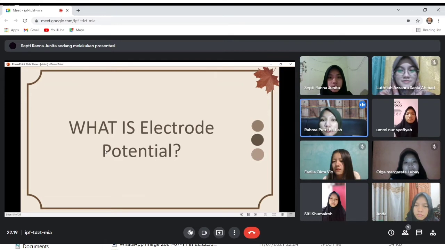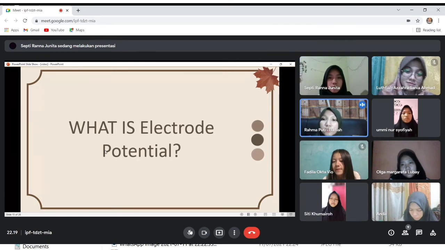If you want to use the oxidation electrode potential, you can change the sign of the standard potential. For example, if the reduction electrode potential of argentum is positive 0.8 volt, the oxidation electrode potential of argentum is negative 0.8 volt. Do you get it?